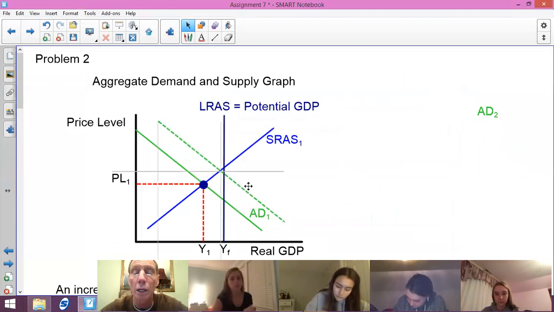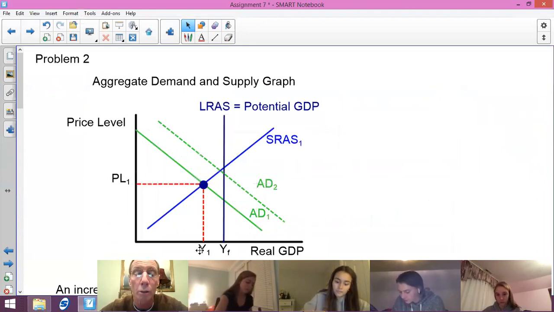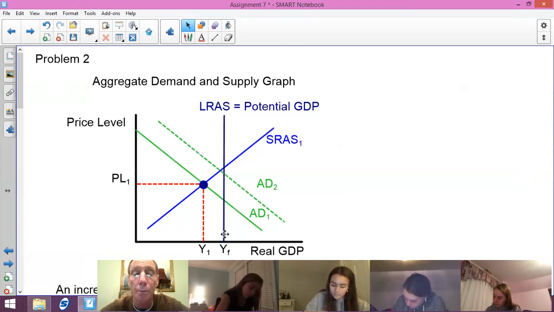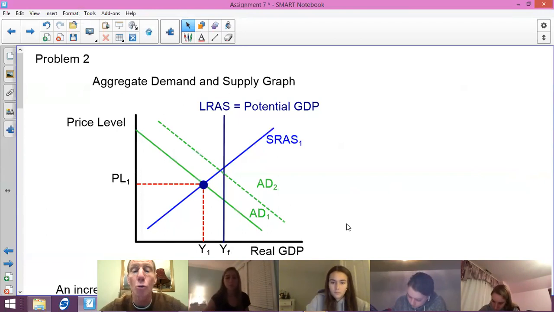So cyclical unemployment is going to go down, right? Because we're going to increase our output. So as we move from left to right on this graph, employment goes up and unemployment, of course, goes down. So we hope to get to full employment right here at YF. Now, the natural rate of unemployment, as I said earlier, is full employment, right here.